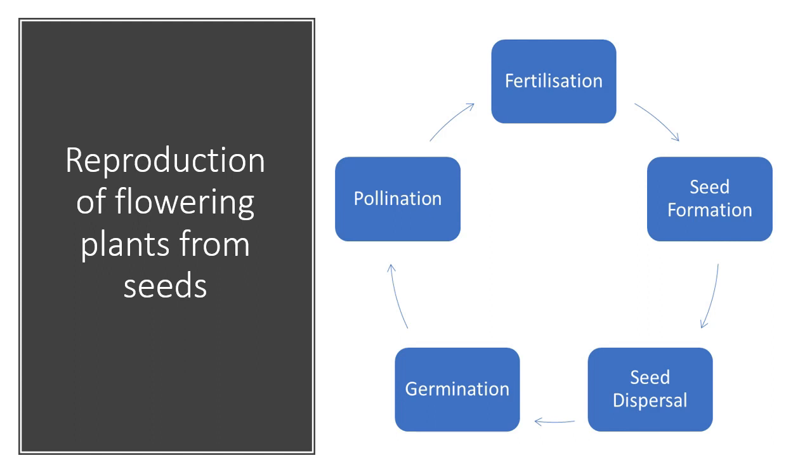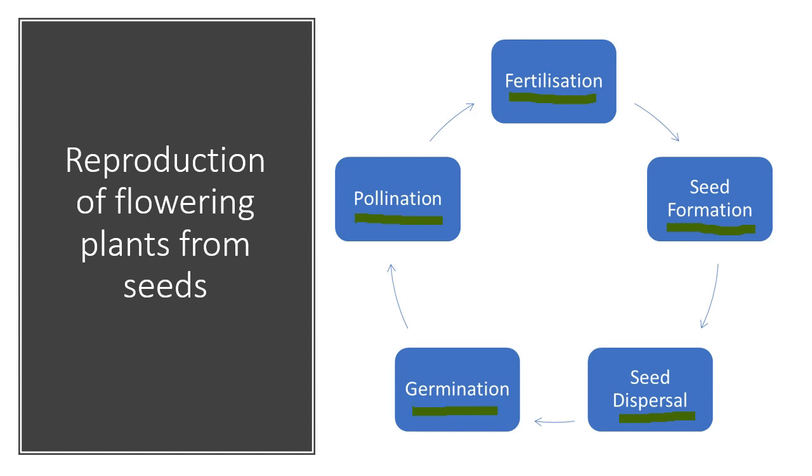We may start with any point, but I would start with pollination. The next stage is fertilization. Next, seed formation. And then seed dispersal. And if the conditions are right, the seed will germinate in a process called germination.